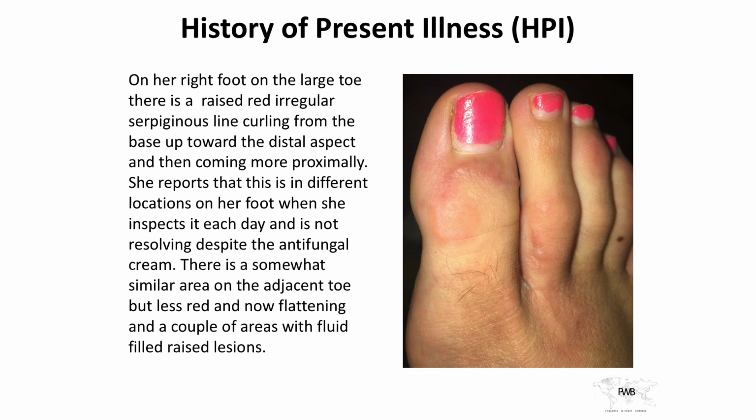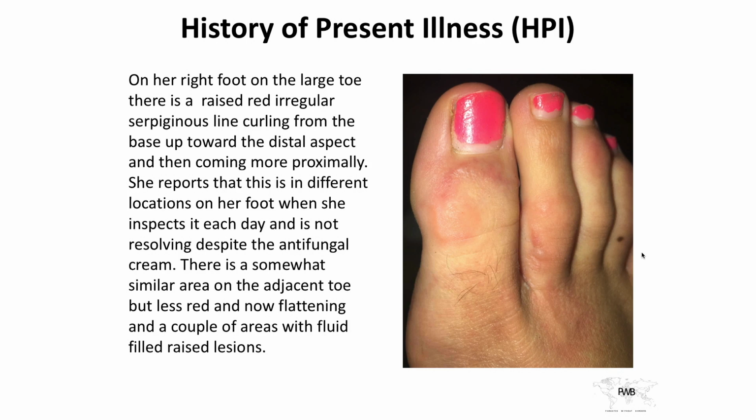Now, they say a picture tells a story better than 1,000 words, so perhaps you can look, and I'm going to try to highlight what we're seeing here. You can see this raised red irregular serpiginous line.